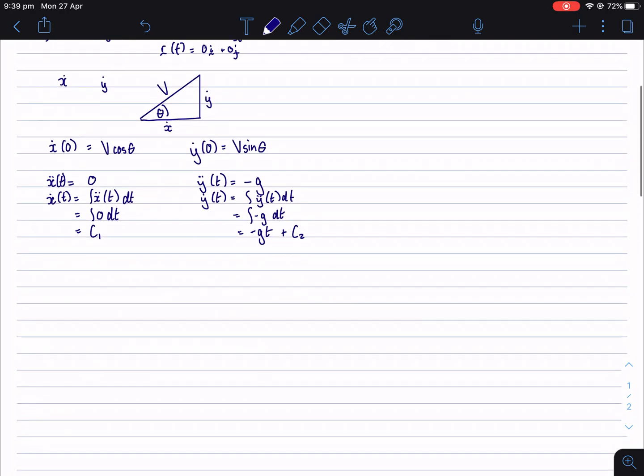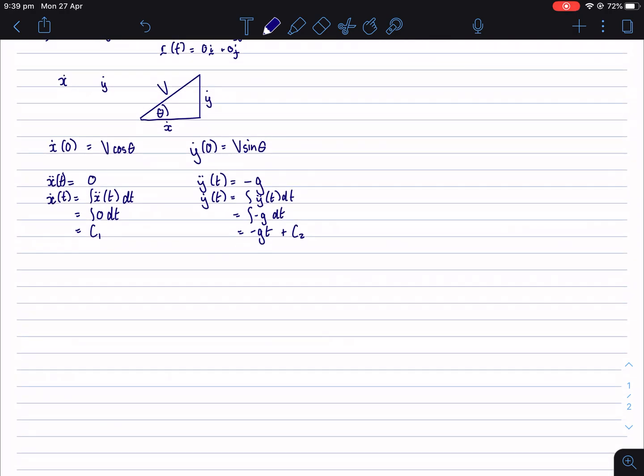Okay. Which means x dot 0 is v cos theta equals C1. Y dot 0 is minus g times 0 plus C2, which comes out as v sine theta.